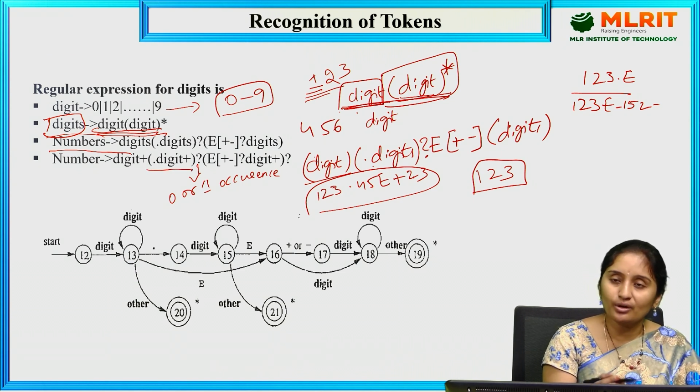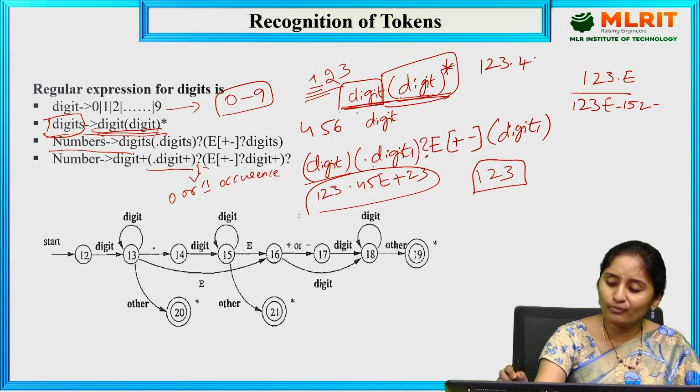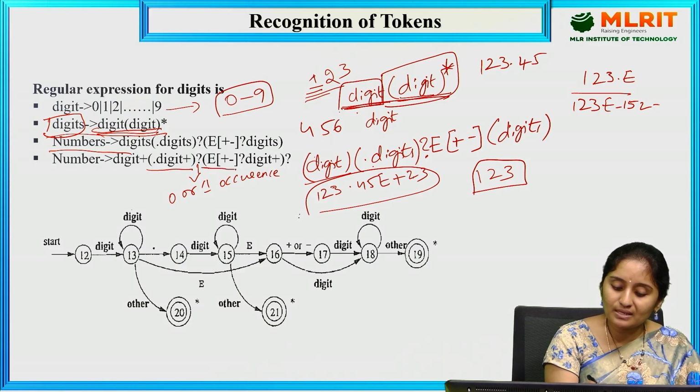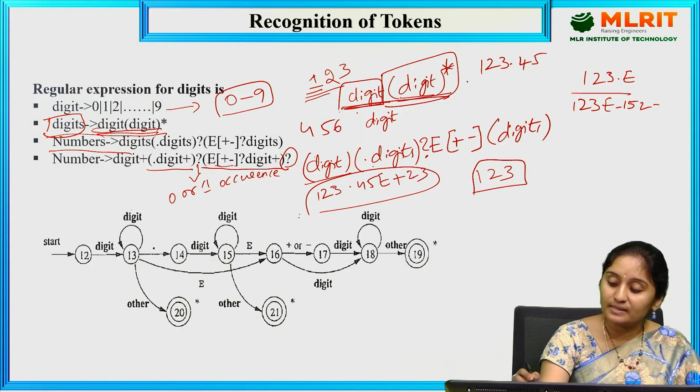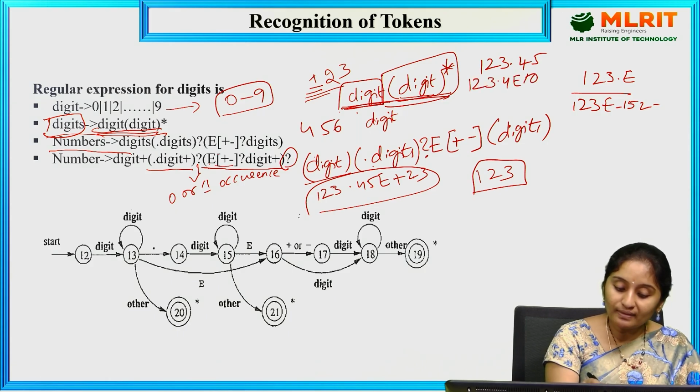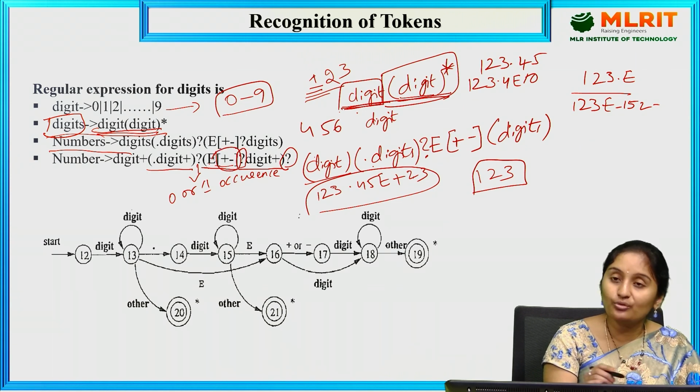In some expressions like 123.45, I don't have exponential values, so at that time it points to 0 or 1 occurrences. Suppose I have E but I don't have plus, like 123.4E10. At that time I don't have plus or minus, so that is the reason I use the question mark, 0 or 1 occurrence.